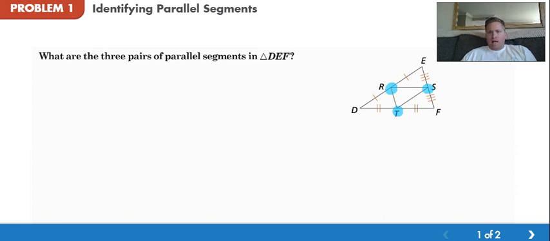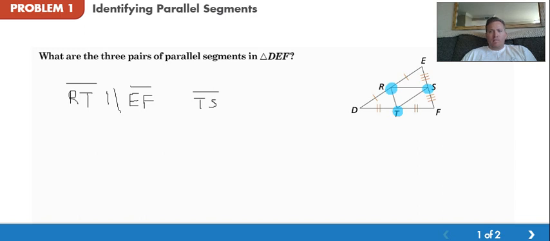So if we look at RT right here, that segment is going to be parallel to, which one would it be parallel to? This one over here, which is EF. And then let's say we look at TS. We're looking at this segment right here.